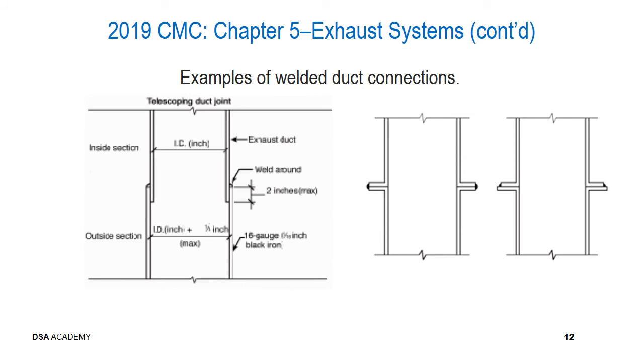The image just to the right of that depicts a situation where one of the flanges, the top section of ductwork's flanges, is a little bit shorter than the flange on the bottom section of the ductwork, thereby providing the ability to install more of a fillet weld on that particular joint.